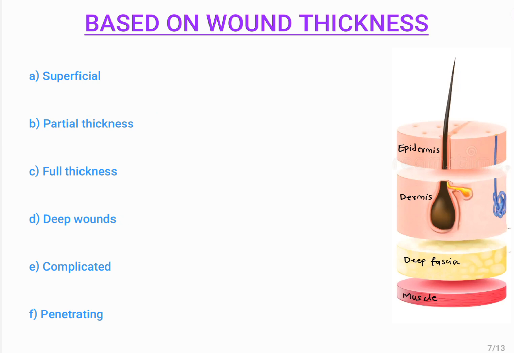The superficial wounds involve only the epidermis and the layers of dermal papillae, whereas in partial thickness wounds there is involvement of the complete dermis. In full thickness, the dermal appendages are also involved.